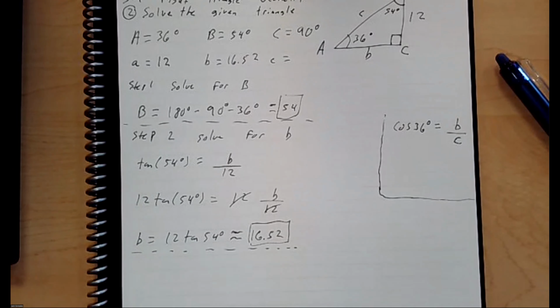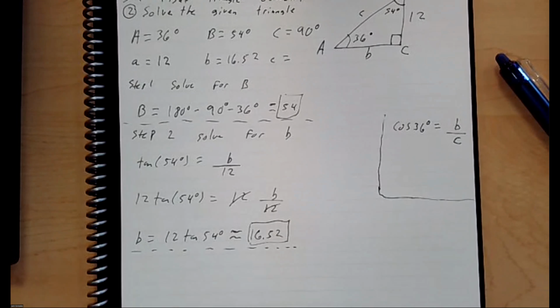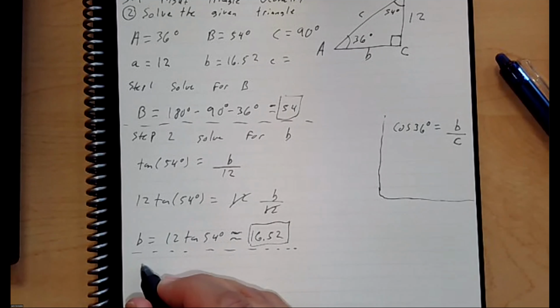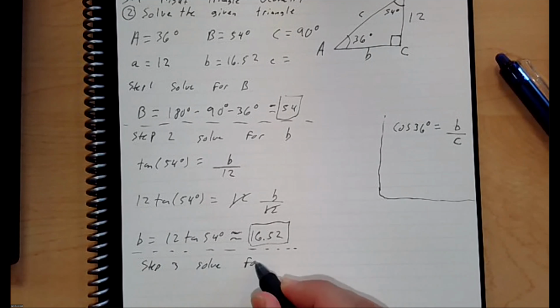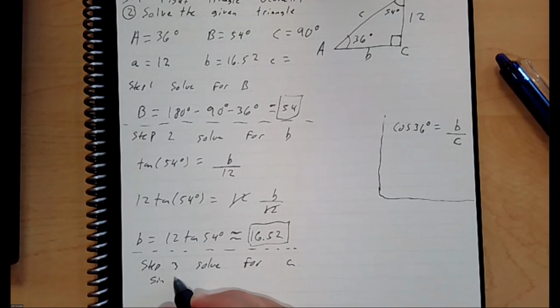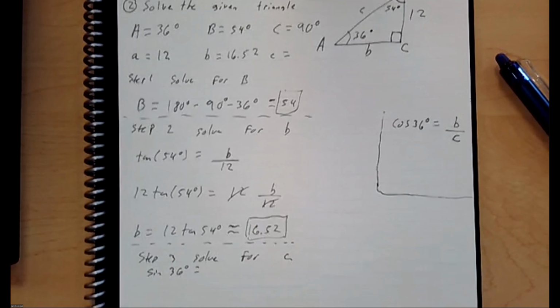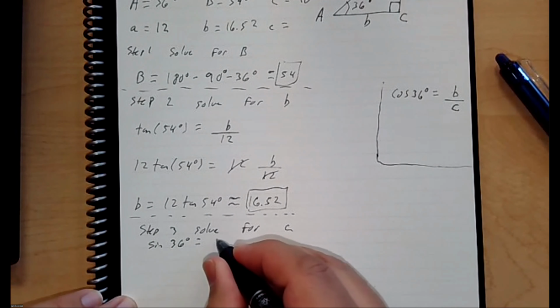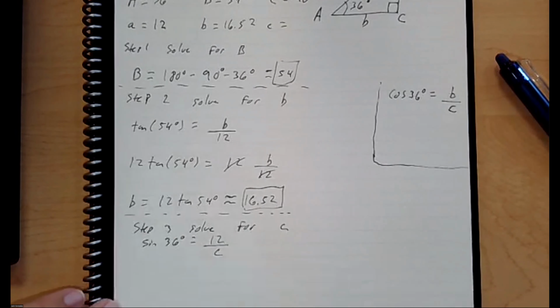So now find C. What trig function should we use to find lowercase c? Sine 36. Yeah, I could do sine. Sine of 36 would equal 12 over c, right?